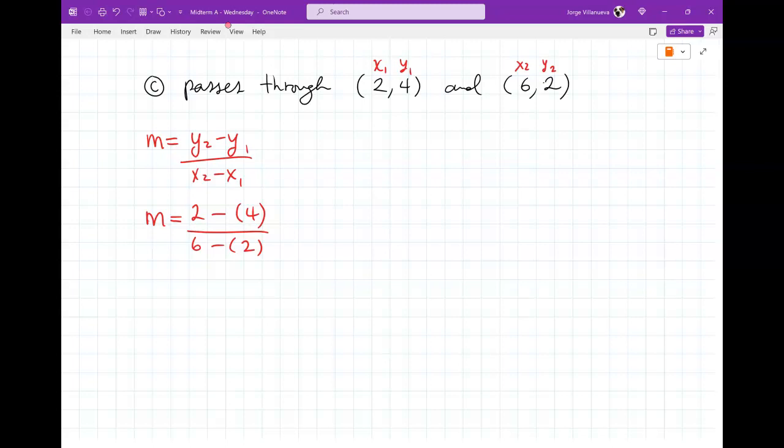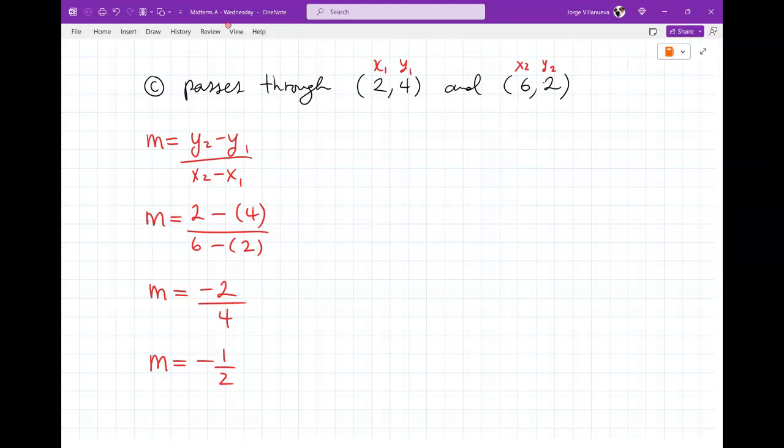In our case, it doesn't have it, that's okay. So 2 minus 4 is negative 2. 6 minus 2 is 4. So your slope is negative half. So now I know my slope. I get to use my slope along with any one of those points to find my b value.